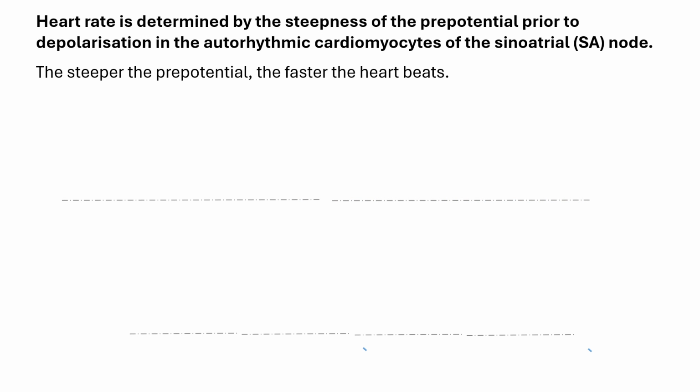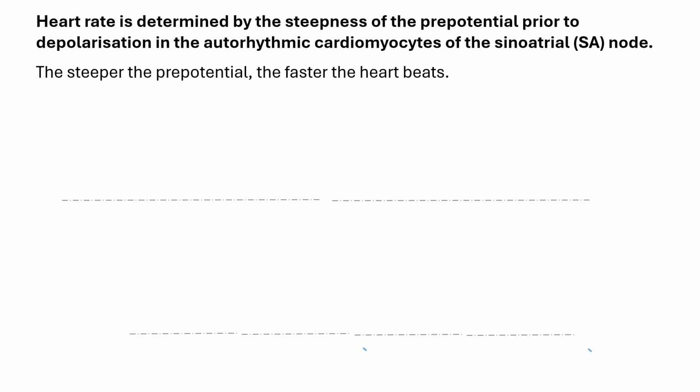So, heart rate is determined by the steepness of something called the pre-potential. This is just prior to full depolarization within the autorhythmic cardiomyocytes of the heart, specifically the sinoatrial node.